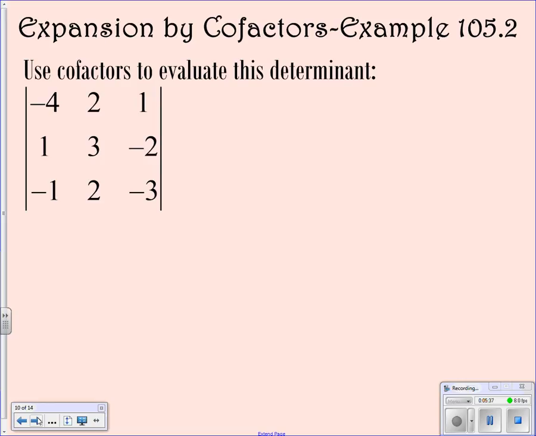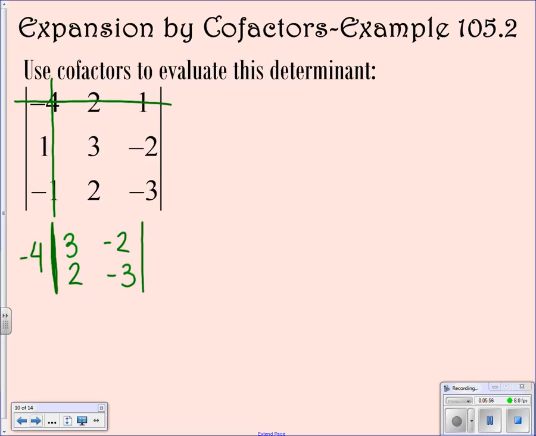So the first thing I need to do is to cross out the -4 in its row and column. And so I'm left with 3, -2, 2, -3. So that's my minor. Now I need to put the sign that goes with it, which is a positive, and I multiply it by -4 because that's the number that I crossed out.